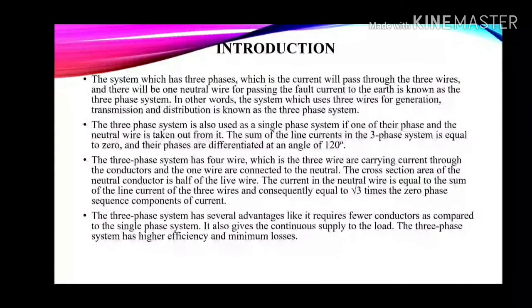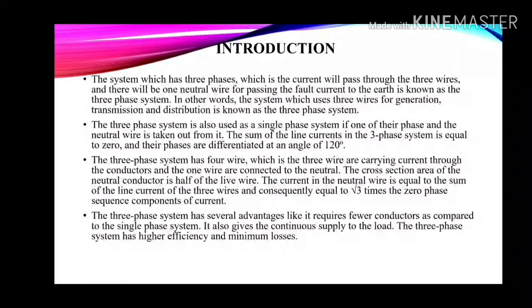Introduction. The system which has three phases, where the current passes through three wires and there is one neutral wire for passing the fault current to the earth, is known as the three-phase system. In other words, the system which uses three-phase wires for generation, transmission and distribution is known as the three-phase system.